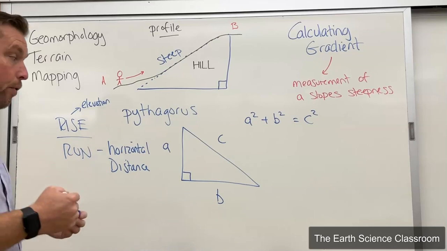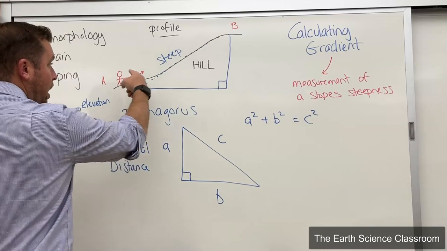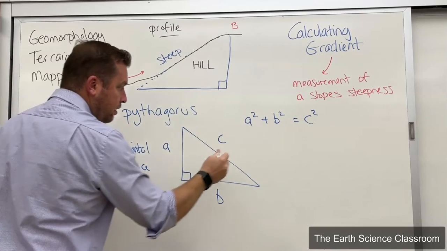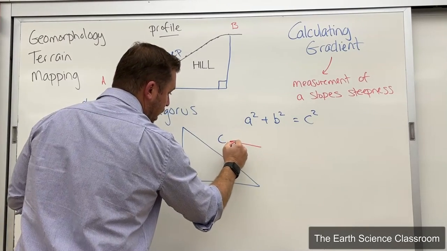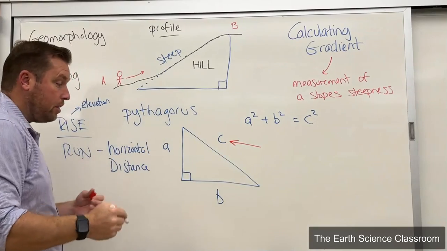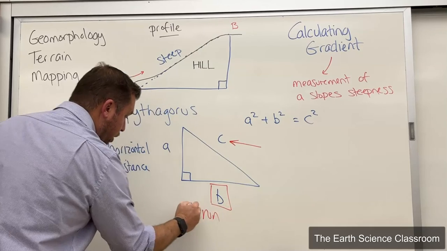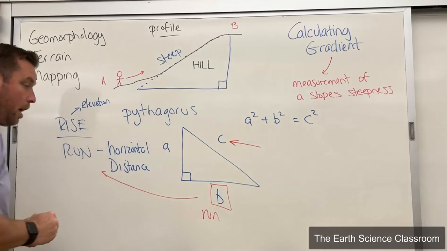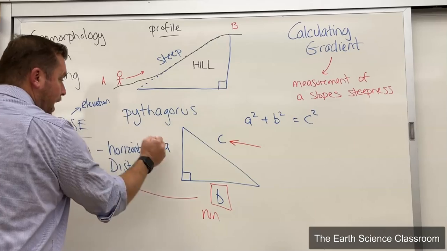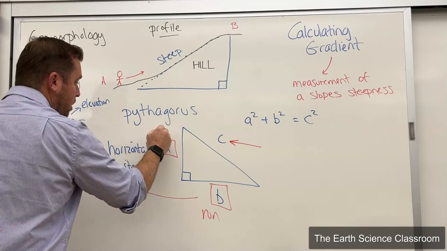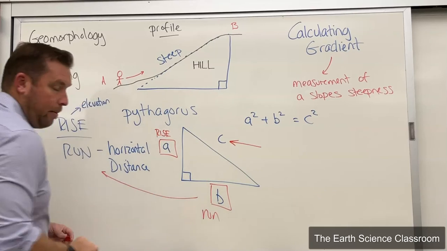As we walked up the hill, we actually walked up the C side of the triangle. What we want is B, which is our run that goes into our formula. The elevation change is the rise, which is A. So rise is A.